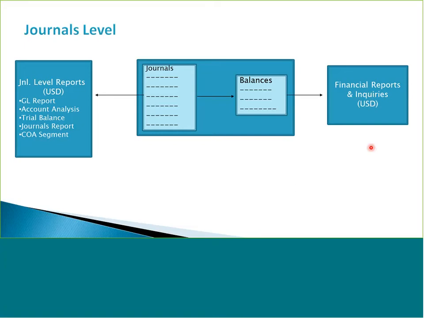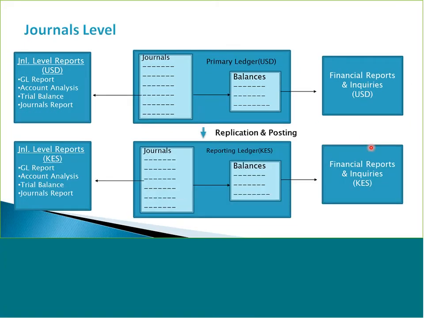So let's say in our example, the parent company is based in Kenya, and they would like to see Maskani's reports, both the financial reports and the journal level reports. So what they would request is that Maskani do a journals level reporting currency ledger.